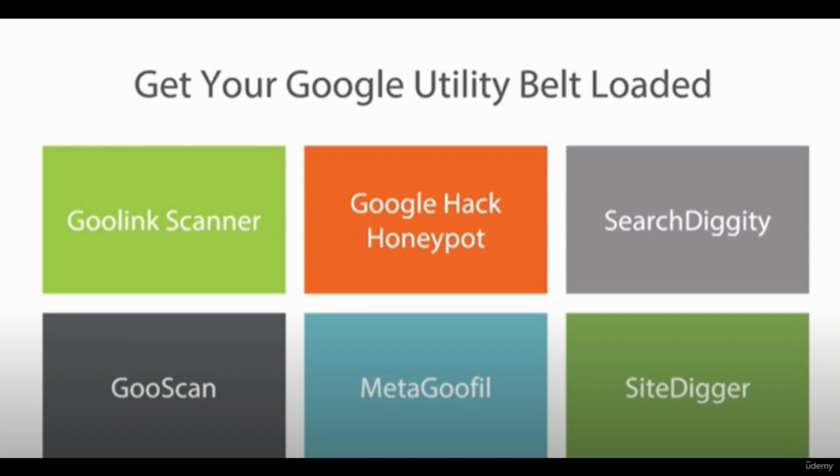Now go to another website. Okay, now Google utility belt loaded. Go link scanner, Google hack honeypot, search diggity, GoScan, MetaGoofil, SiteDigger.